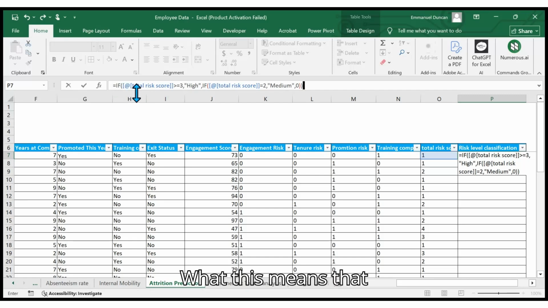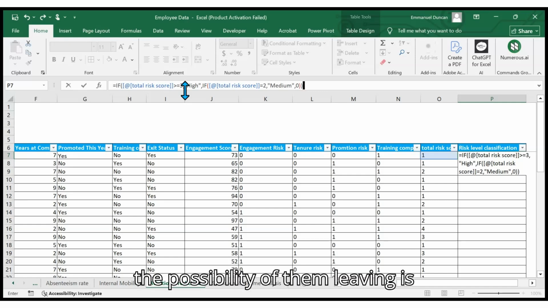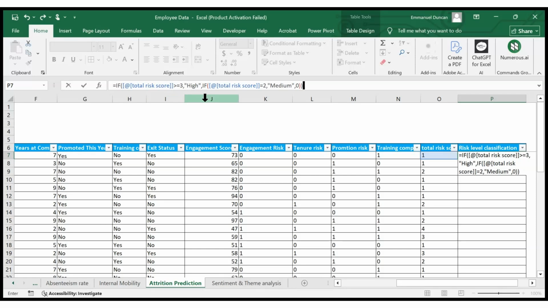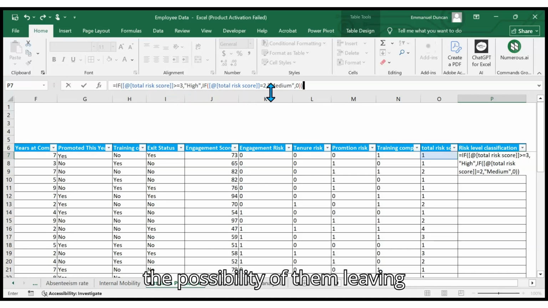What this means is that employees that scored a total risk score higher than 3, the possibility of them leaving is high. Then employees that scored 2, the possibility of them leaving is quite moderate.